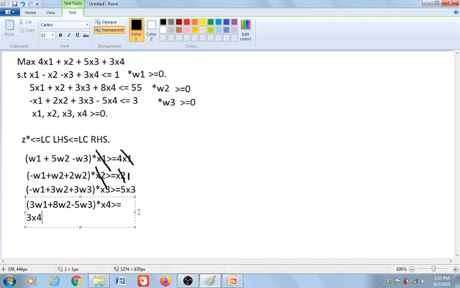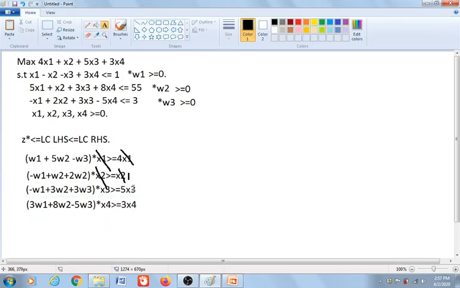Since x3 and x4 are both positive, the sign will not change, so I can cancel x3 and x4 over here. The last thing we need to do is to multiply w1, w2, w3 with the right hand side.